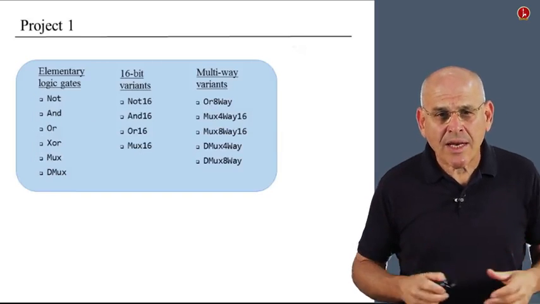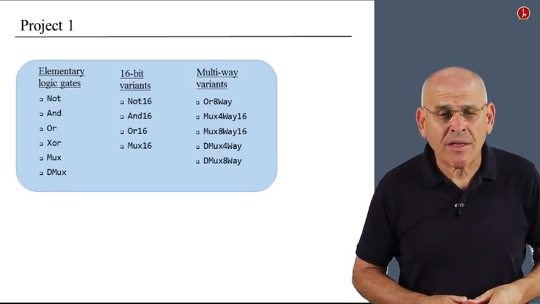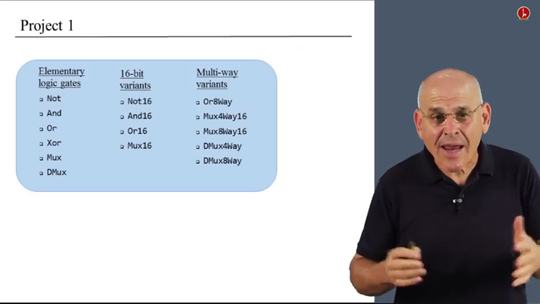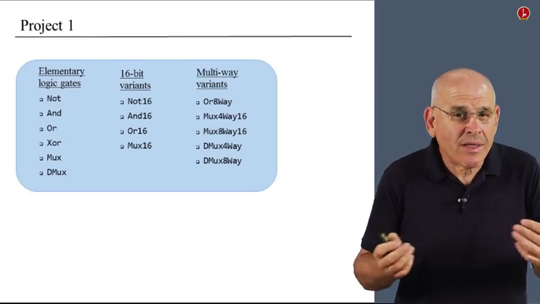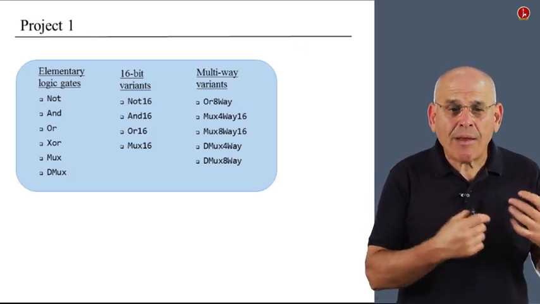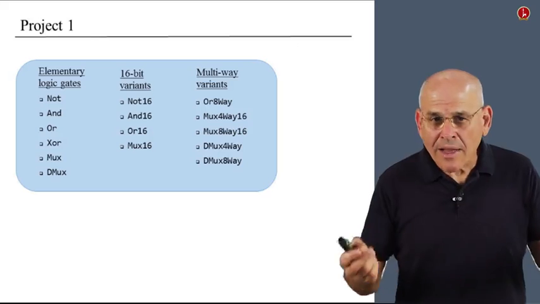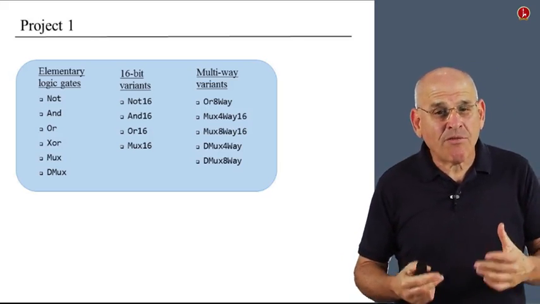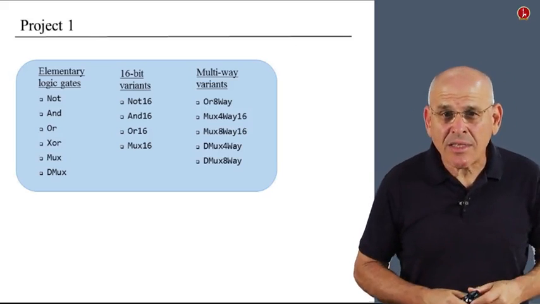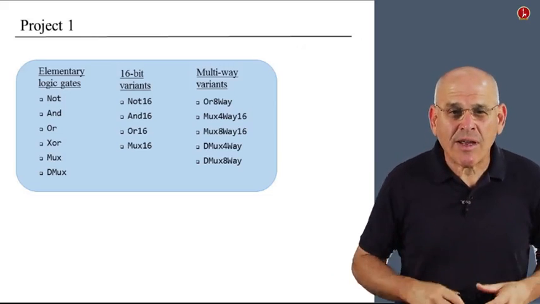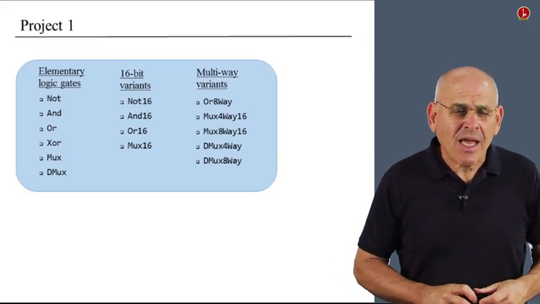So once again, here are the chips that we have to build, and I have separated them into three categories, just so that we can discuss it in a more organized fashion. So we have some elementary logic gates, widely familiar, NOT, AND, OR, and so on. We have 16-bit variants of some of the logic gates, and we have some multi-way and also multi-way 16-bit variants of the previous gates.